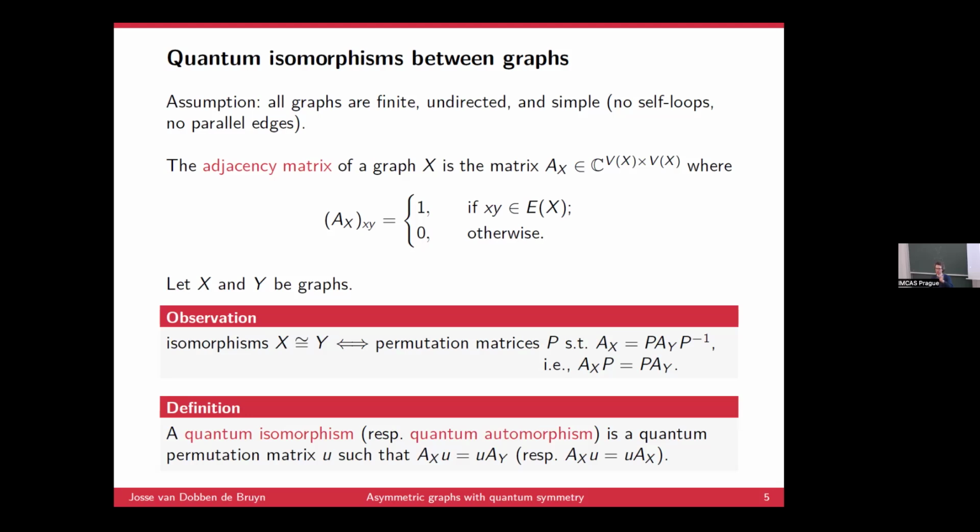And so if you multiply by its adjoint, you're going to get the identity matrix. So it's a generalization of permutations to a non-commutative setting. Now, in the coming two parts, I wish to argue that this is the right generalization.